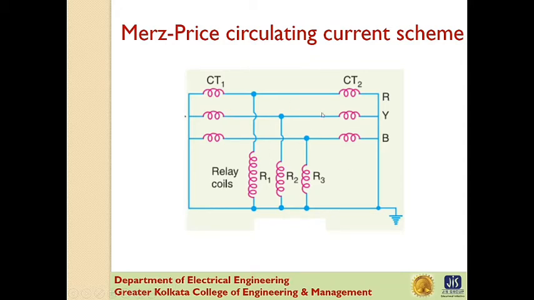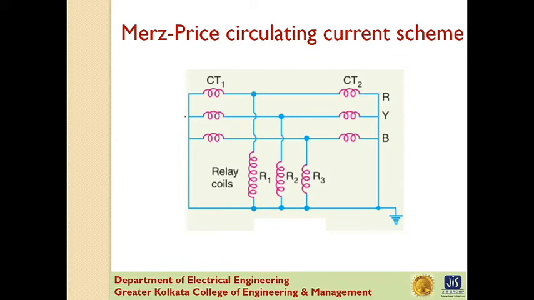The current at both ends of each winding will be equal, and hence the current in the secondaries of two CTs in any phase are equal. Current of phase R for both the CT secondaries are equal. Similarly for phase Y, similarly for phase B under normal operating condition.